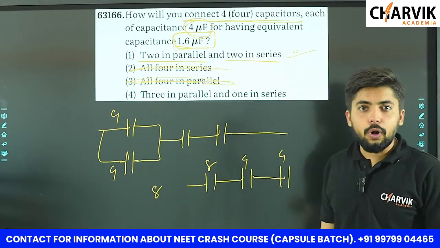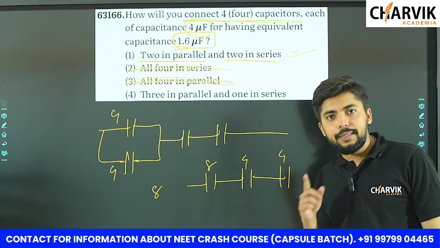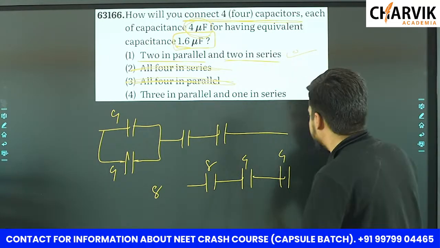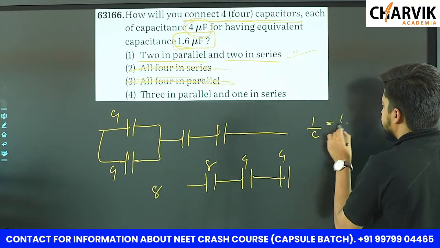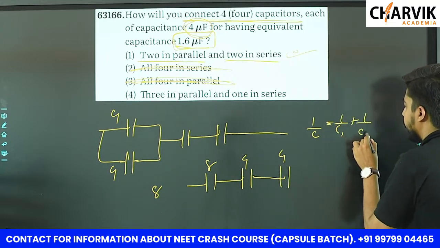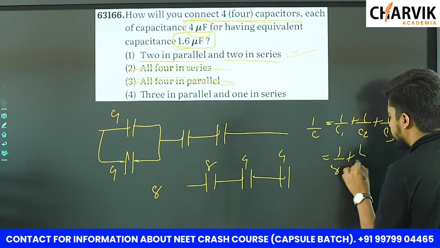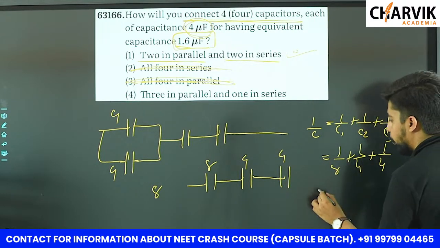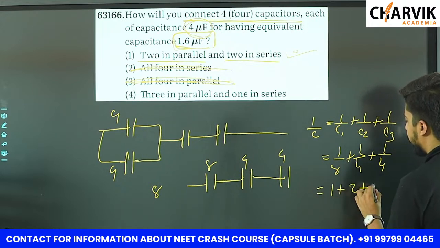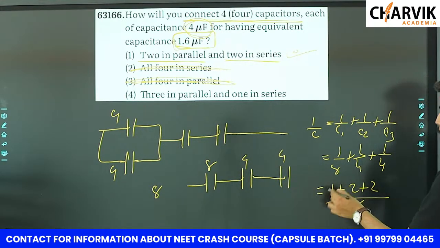Now if I solve it, all the capacitors are connected in series, and for the series connection the equation is 1 upon C is equal to 1 upon C1 plus 1 upon C2 plus 1 upon C3, which becomes 1 upon 8 plus 1 upon 4 plus 1 upon 4, which becomes 1 plus 2 plus 2 divided by 8, which is 5 by 8.